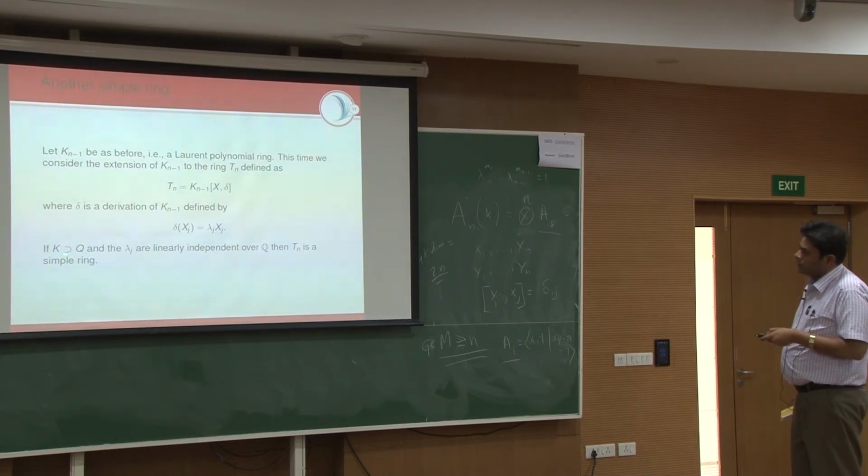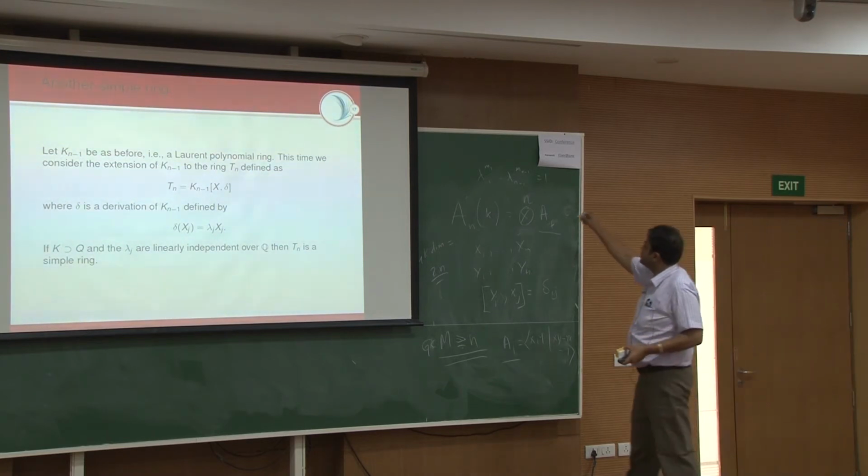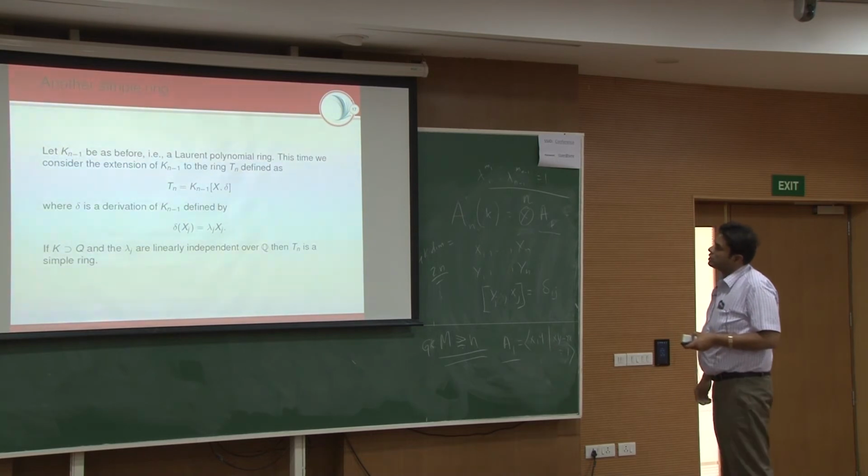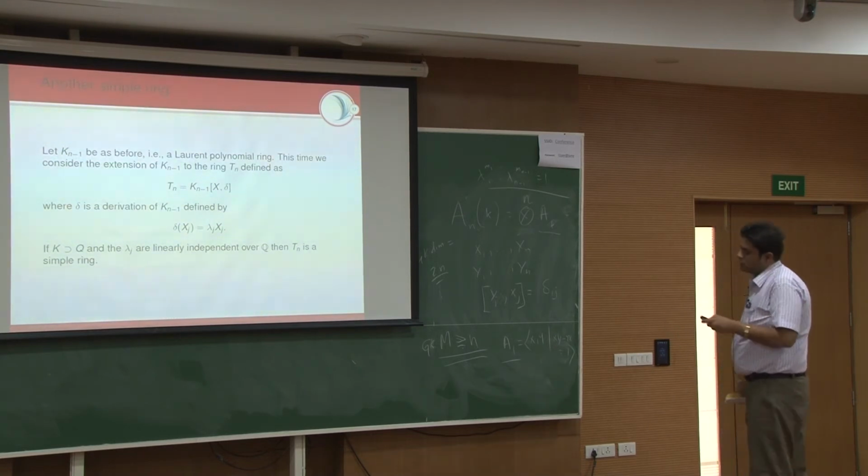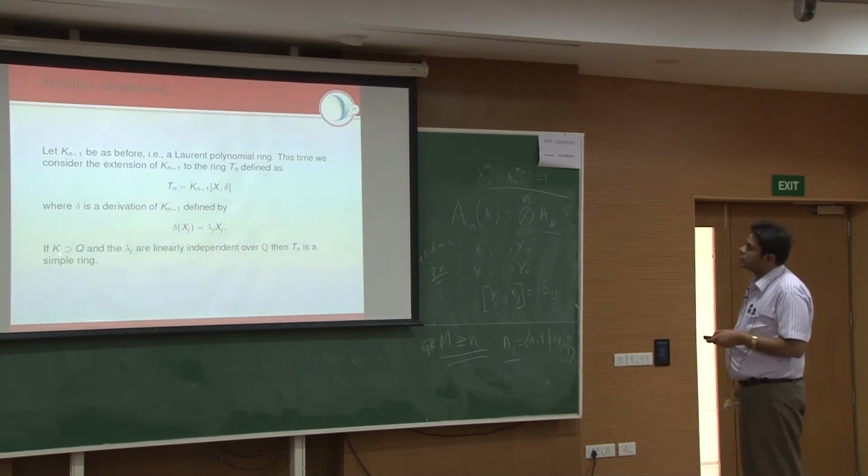Let's say little k is assumed to have characteristic 0, and in the last example we assumed that the parameters lambda j were multiplicatively independent, so they could not satisfy this relation. That we assumed to ensure that the ring Rn is simple, and in this case, if we assume that the lambda i are linearly independent over the rationals, then this is a simple ring.